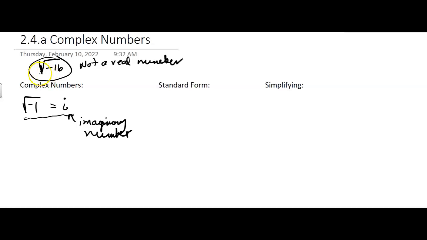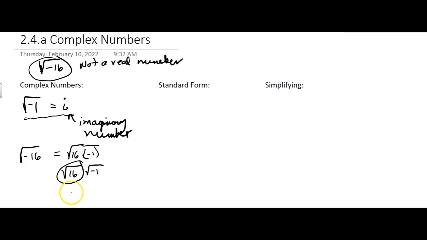So now, when I have the square root of negative 16, I can say, well, that's equal to the square root of 16 times negative 1. I'll write it like that. And that's going to be the square root of 16 times the square root of negative 1. This we can deal with.